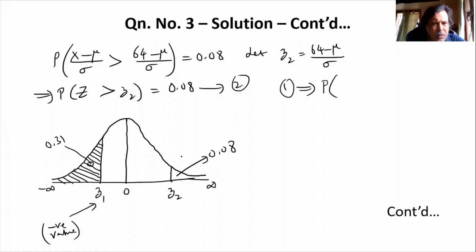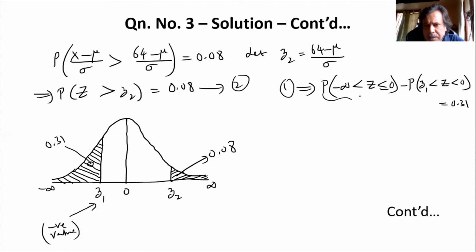And I will also share this side. So if I have to consider this, I will rewrite it as negative infinity to 0, minus Z1 to 0. So it will become probability of negative infinity less than Z less than or equal to 0, minus probability of Z1 less than Z less than 0. That should be equal to 0.31.